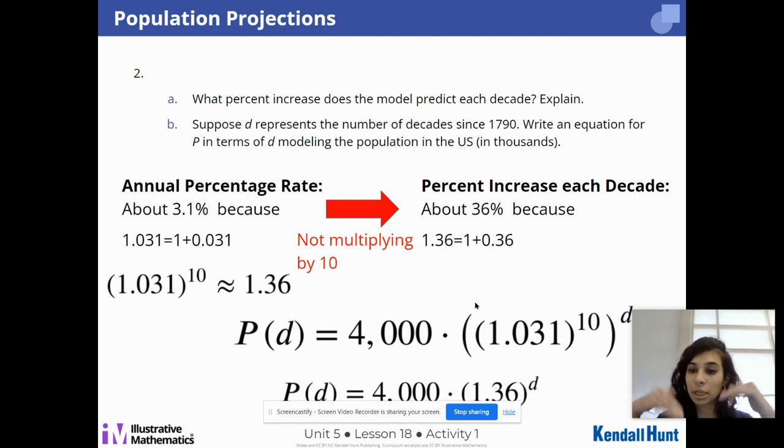Both those equations represent the population of the United States by decade, with about a 36% increase each decade. I want you to do the same thing for number 3 in this activity.